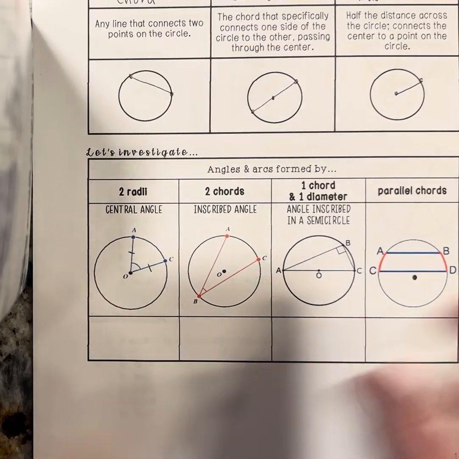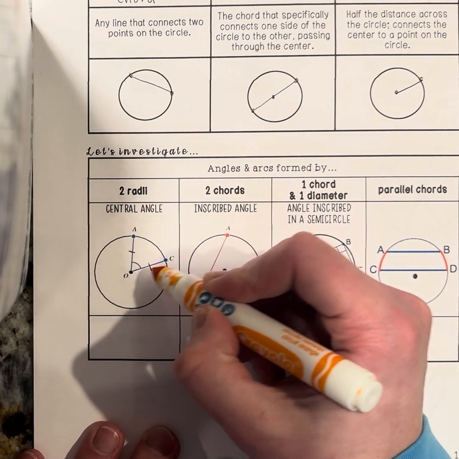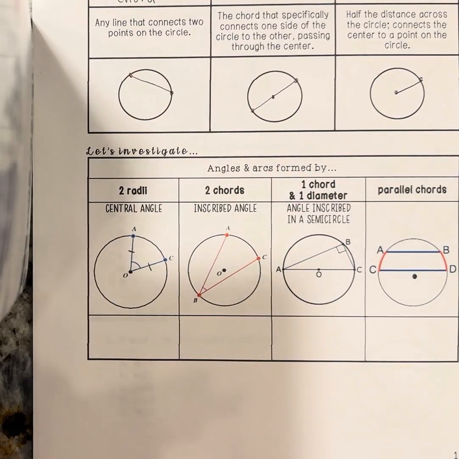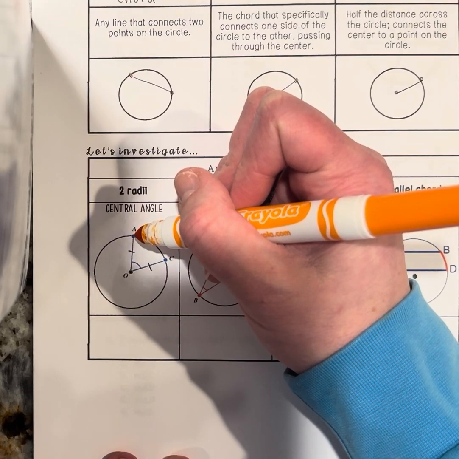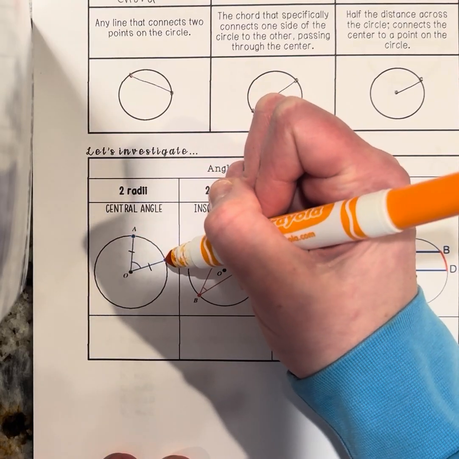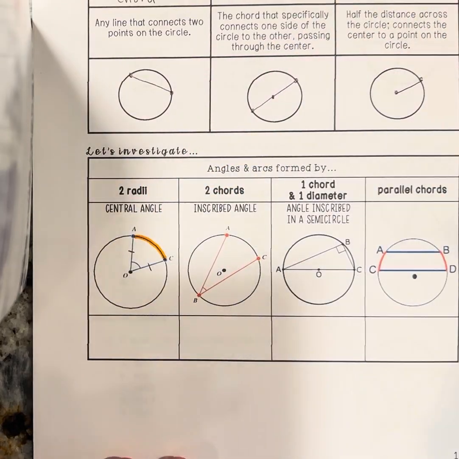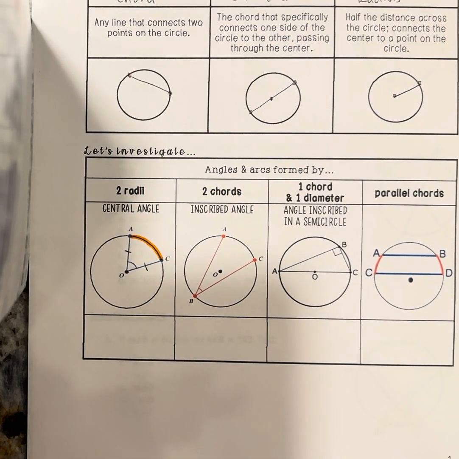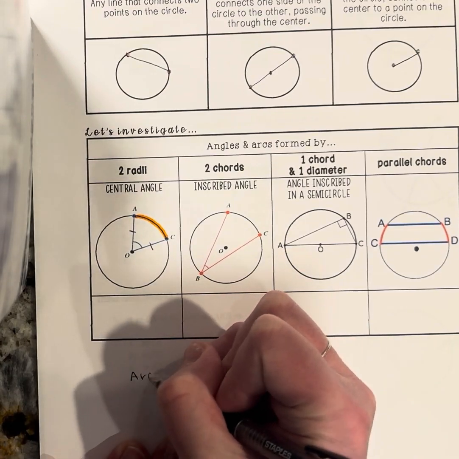Something about this is we say that it intercepts an arc. So this angle AOC that we created intercepts an arc on the outside of the circle. So take wherever the first point of your angle is and the last point of your angle, when you connect those together, we call that the intercepted arc. This intercepted arc can be written, so let me write this down.